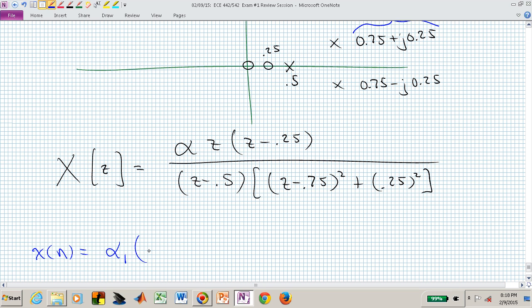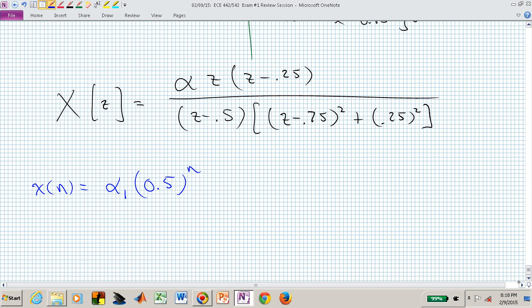Is it clear that you would have something like this? That's part of the structure of little x of n. What else are you going to see? You're going to have more decay, aren't you?